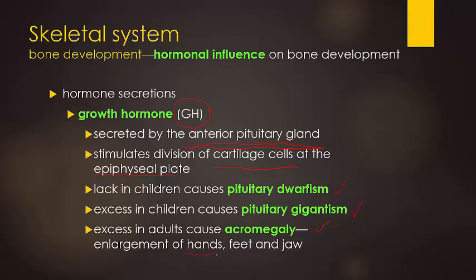And so the hands, the feet, the jaw are all affected. It really changes body proportions, especially in the face and with the hands. So that's growth hormone, one of the influences.